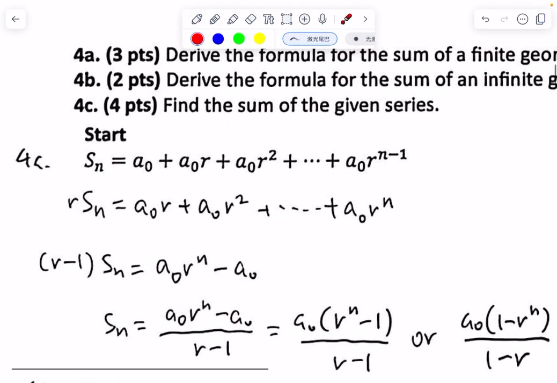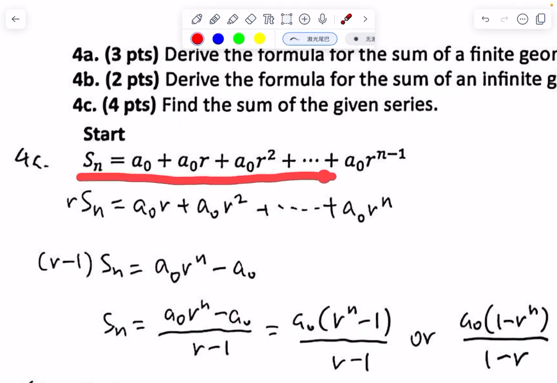So we start with Sn, and then how can we really create a formula? Well, the only thing we notice here is that each term after it is r times the previous term. So this motivates us to create a new series called r times Sn.